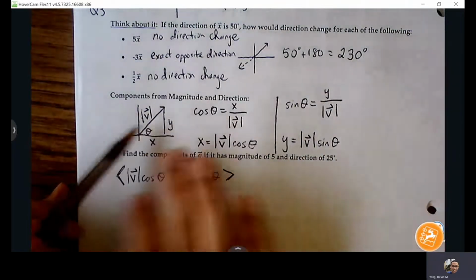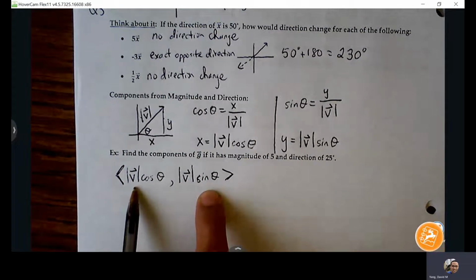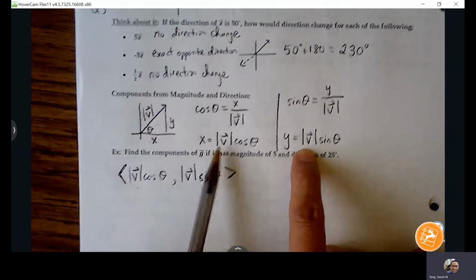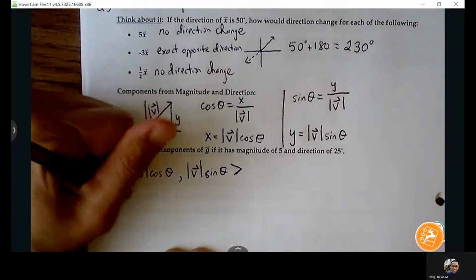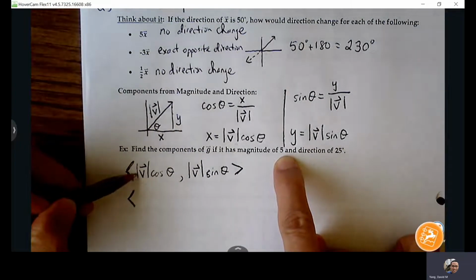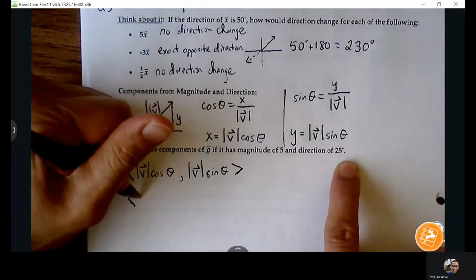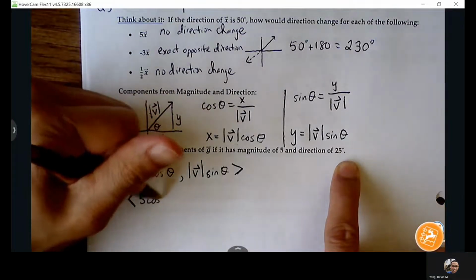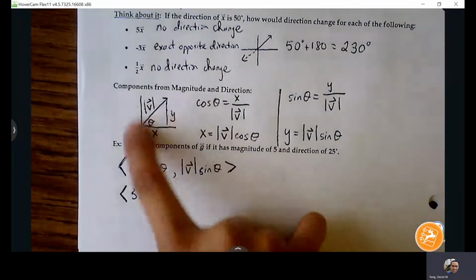So I can go back and draw the triangle if I want, but then another option is just putting it directly into the formula that's building off of what we can conclude. So if we want to try it this way, magnitude is 5. That's the magnitude here. So 5 cosine of 25 would represent the x if I were to just draw the triangle.